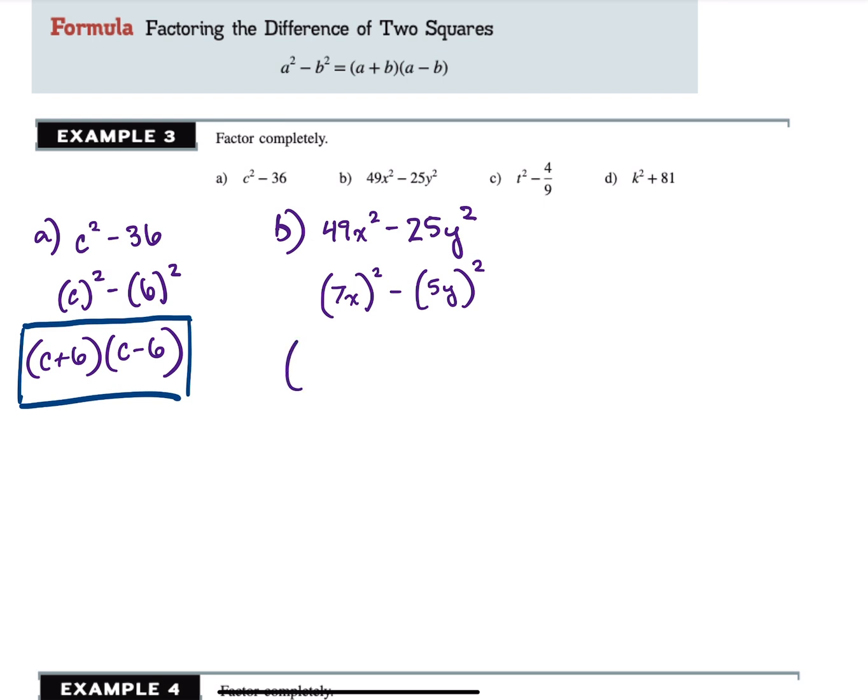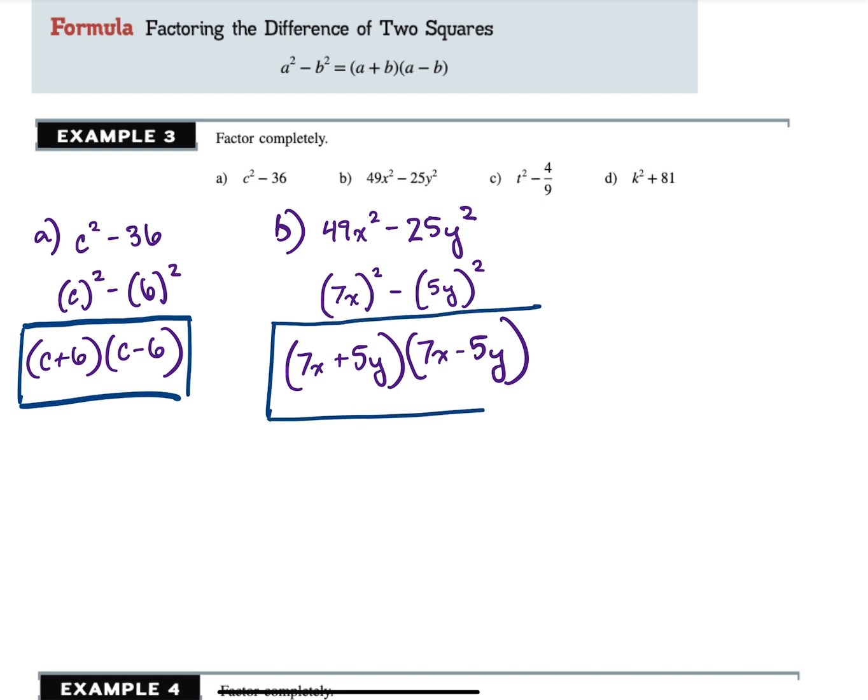It'll factor into 7x plus 5y times 7x minus 5y. So it still works if we have some number as well as a variable squared.